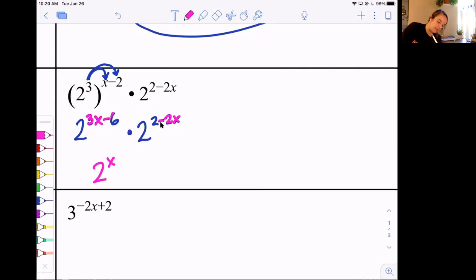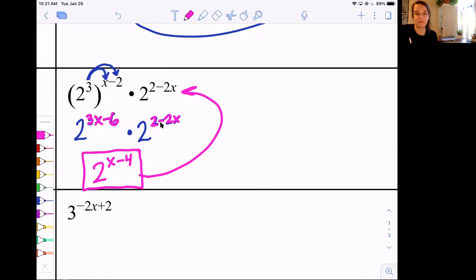And then negative 6 plus 2 would be negative 4. So this is the simplified version of this here. Our new rule was the multiplication, power of a power, and then our old rule was here, the addition step to get there.